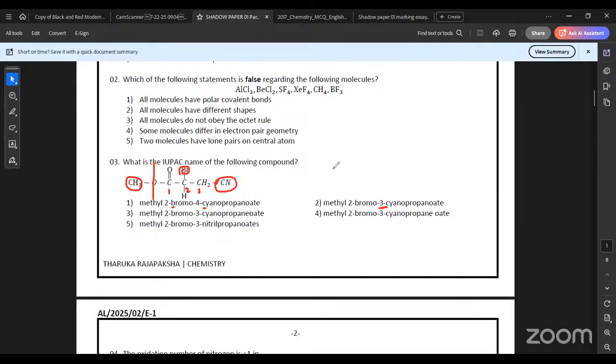Meth, eth, propan. An means it's an alkane. This part is an alkane. Oate means it's an ester. So you have the answer number 2.